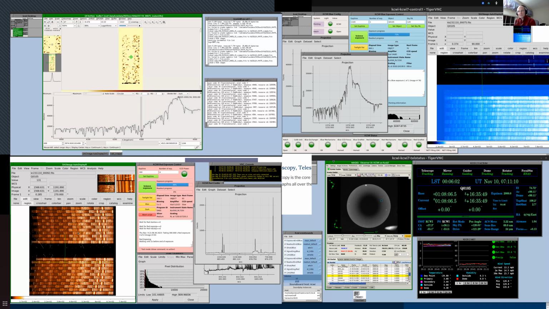If you overfill that bucket, it's called saturation. And each of those buckets has a maximum number of electrons that it can hold. In the case of the red detector, that number is 65,000. If it exceeds 65,000 electrons, then the pixel saturates. And what happens is that charge, those electrons, start to flow into the adjacent pixels.